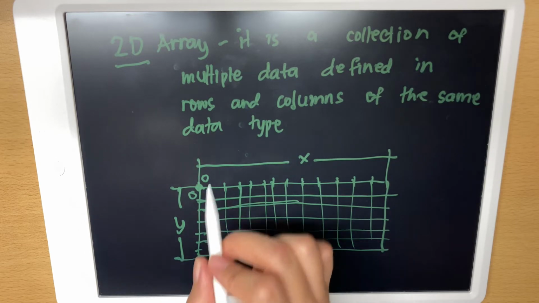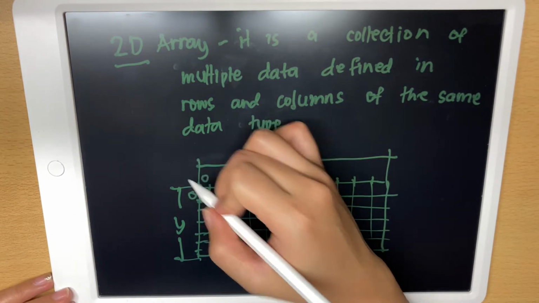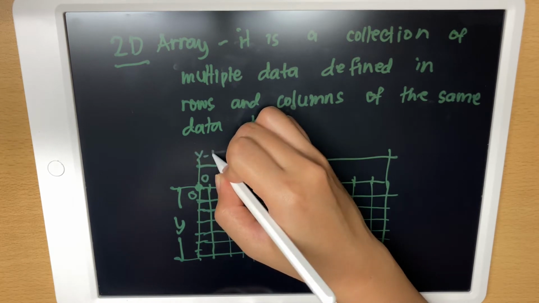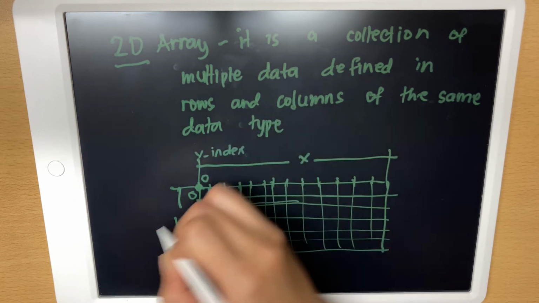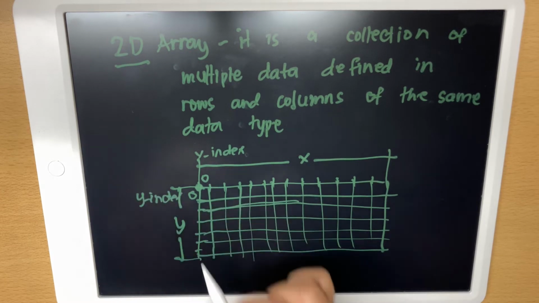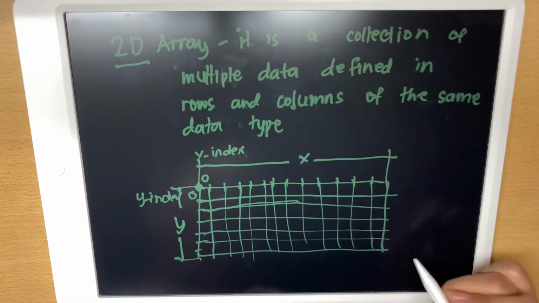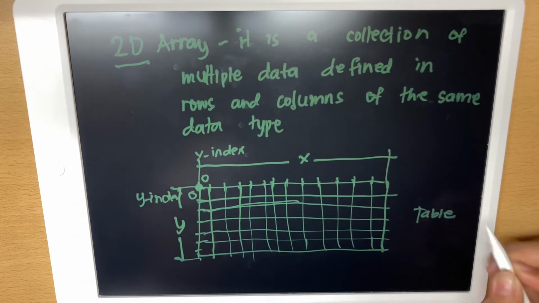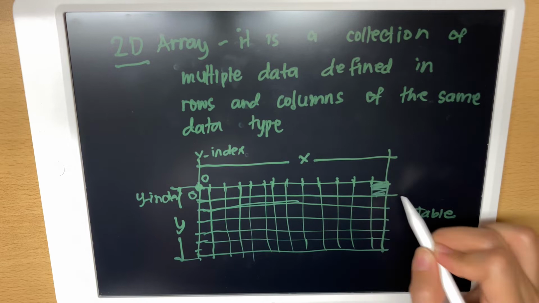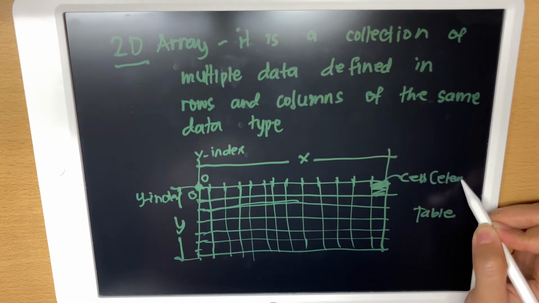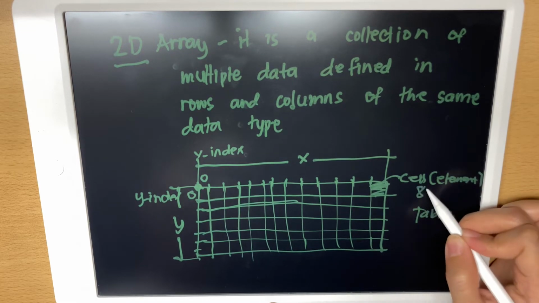So for 2D arrays, the index always starts from 0. So here, X index, and we have here the Y index. So you can see it can also be a table, right? And in each cell, here you will have your element or data.